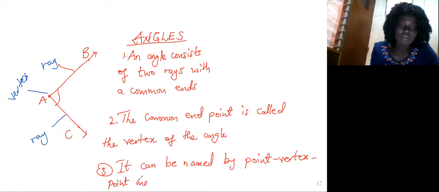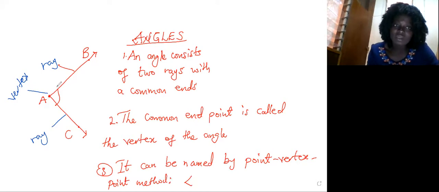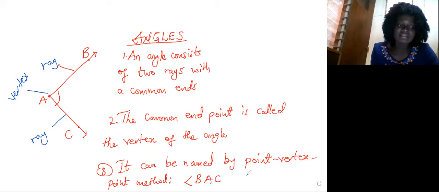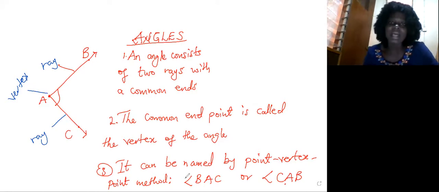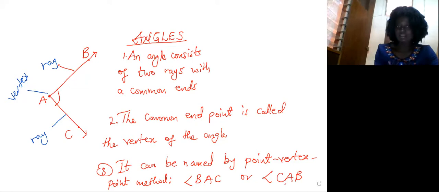For example, looking at this, we have angle BAC or angle CAB. Always the point where the meeting point is should come to the middle. So we have angle BAC or angle CAB. So you can name angles by the point vertex point method.